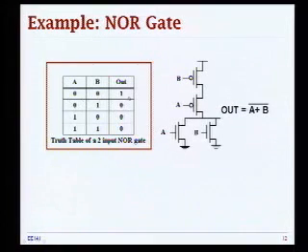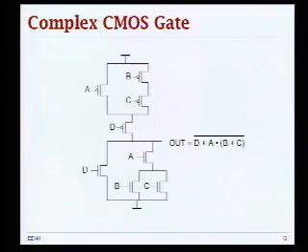What this means is that the pull-up network, which needs to be implemented with PMOS transistors, has these two in series, and therefore the pull-down network needs to be the parallel combination of the two, because the output is equal to 0 if either A or B is equal to 1, or both. Okay? Does this make sense?